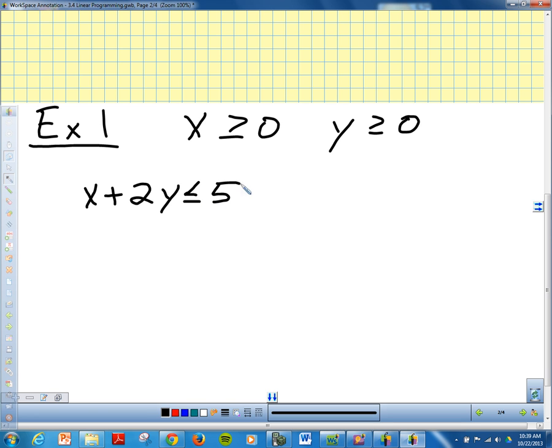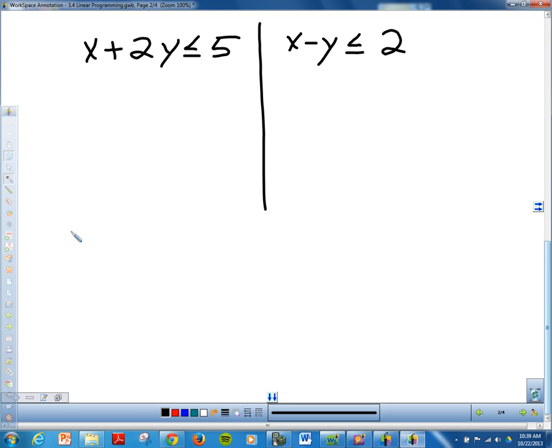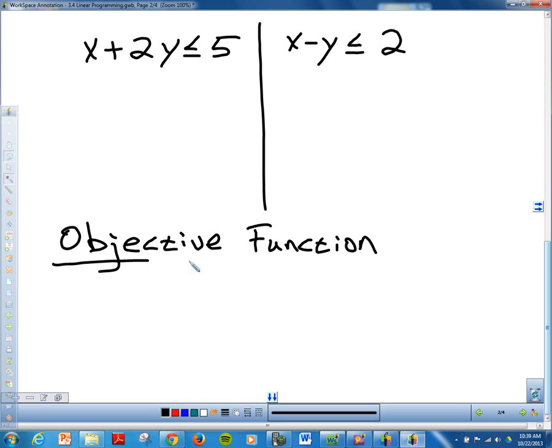And we're going to have x minus y is less than or equal to 2. And then our objective function is going to be P equals 2x plus y.